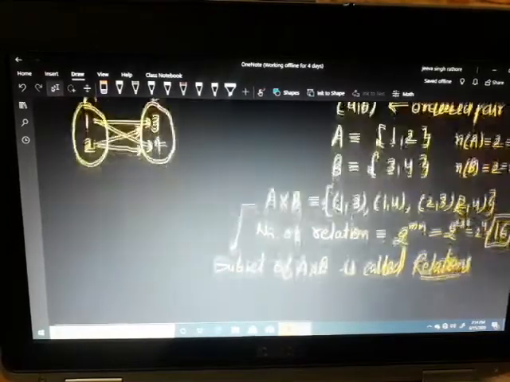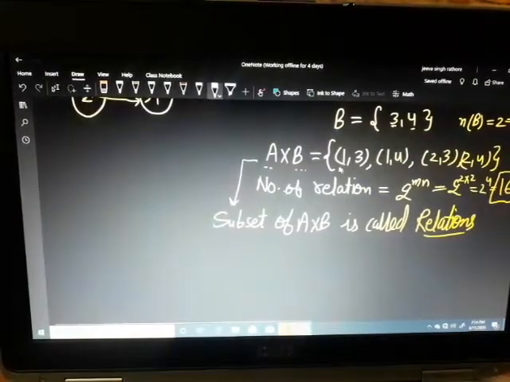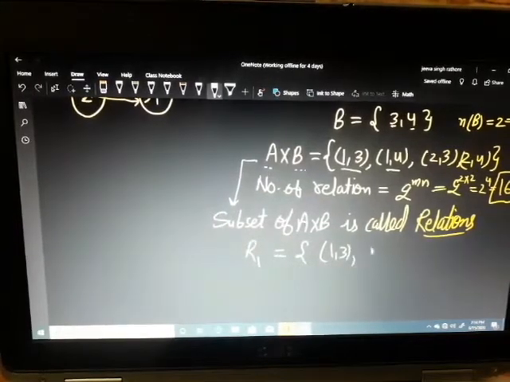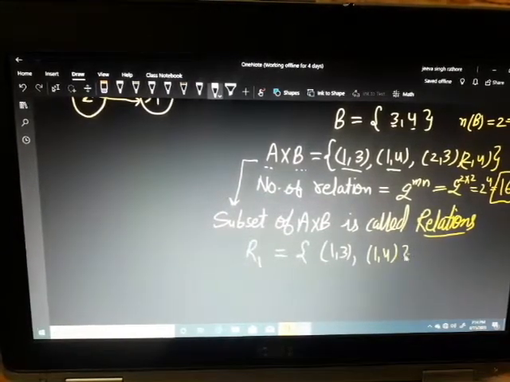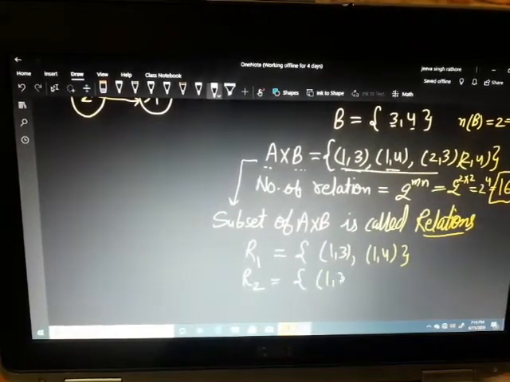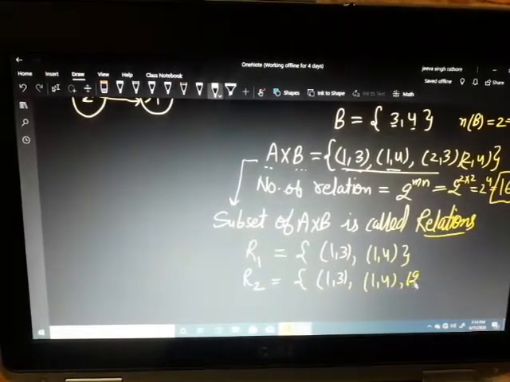For example, I am considering the first relation R1 with a given number of elements. You consider this one, the relation (1, 3), (1, 4). You can consider these three together. Suppose this is relation number 2, that is the ordered pairs (1, 3), (1, 4) and (2, 3).